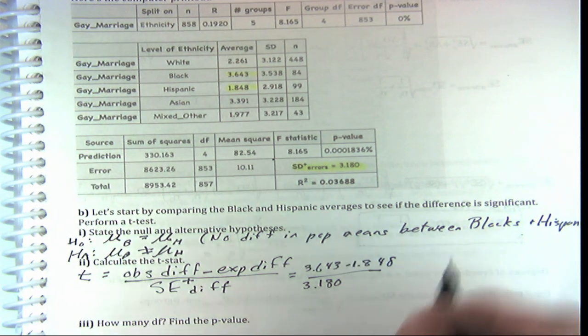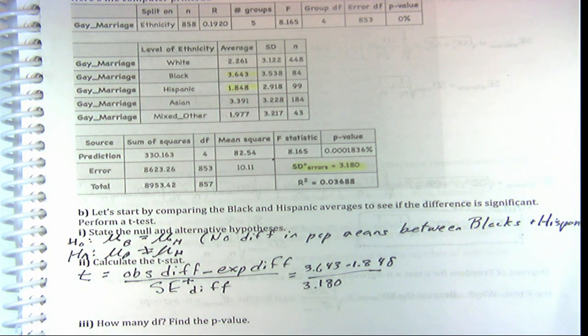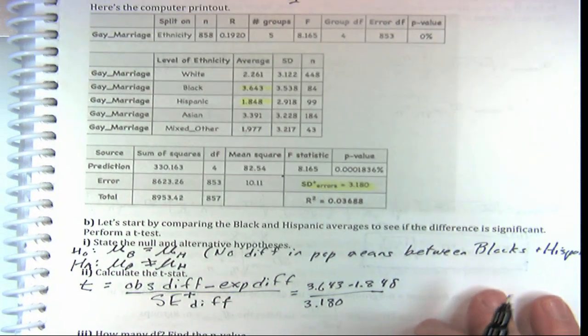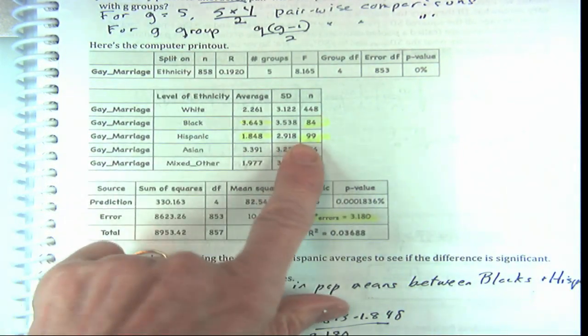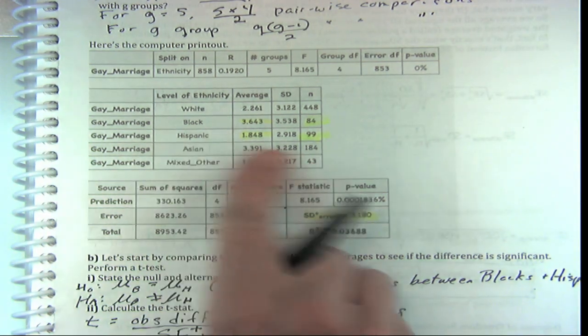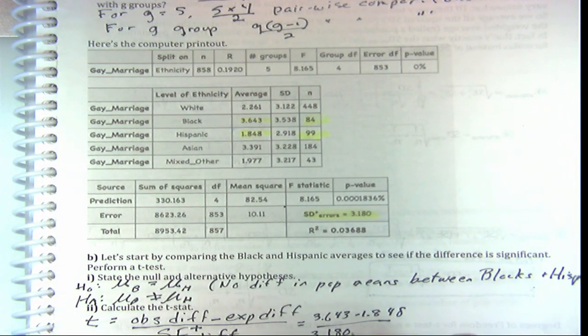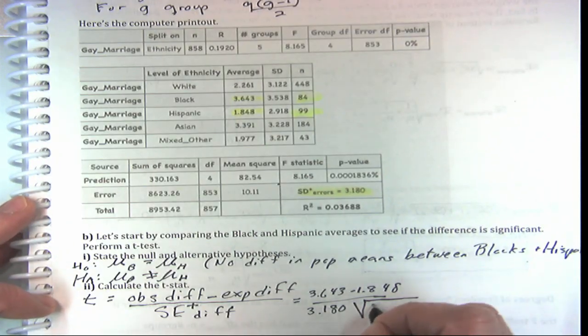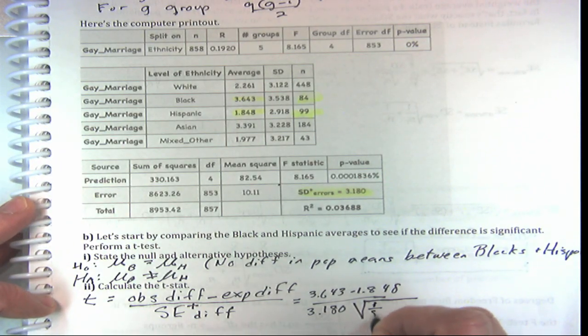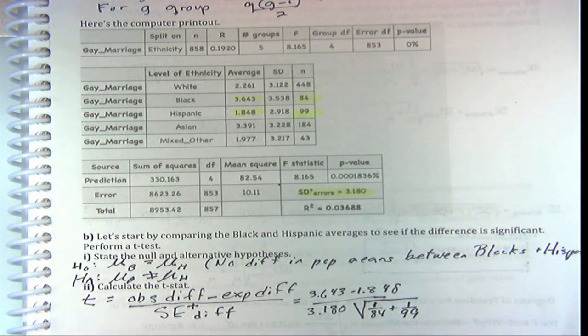And then, remember, you always have to divide through by the square root of n, but we have two n's here, one for Blacks and one for Hispanics. So we're going to divide through, put the square root of 1 over 84 plus 1 over 99. So that's what it looks like.